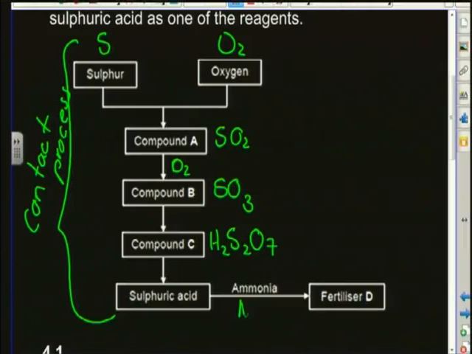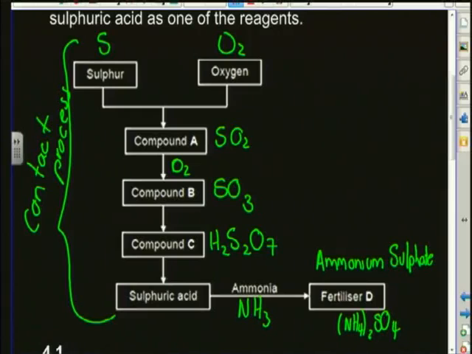Gives off lots of fumes, gets very, very hot, lots and lots of issues. Then the sulfuric acid gets added to ammonia, which is NH3. That means the fertilizer here would be ammonium from the ammonia, sulfate, and that would be (NH4)2SO4. Ammonium sulfate.